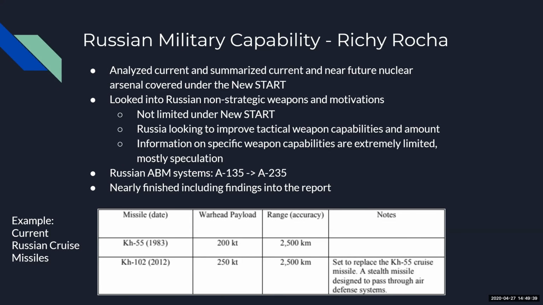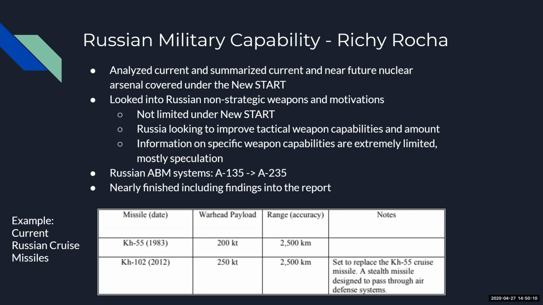So increasing the range, but not hitting the New START limit, lowering the yields so that they can more readily be used, and increasing their accuracy. The information on these types of weapons is extremely limited because they are not covered under the New START Treaty. Russia does not need to be transparent at all with the US. So most of the information on these weapons is speculation.